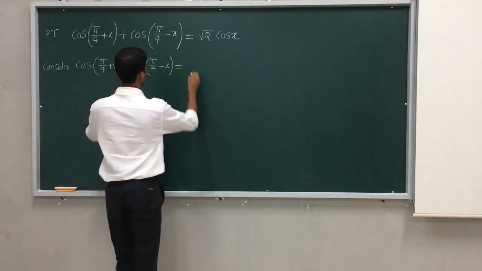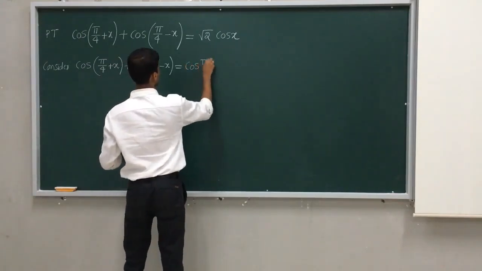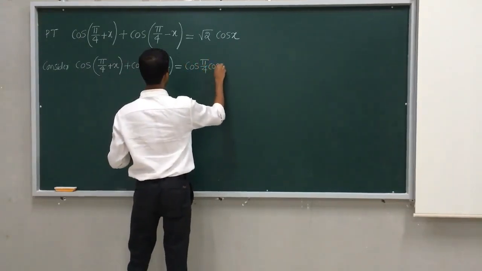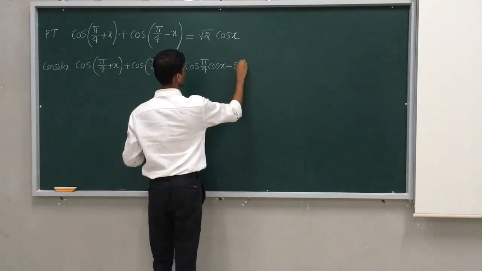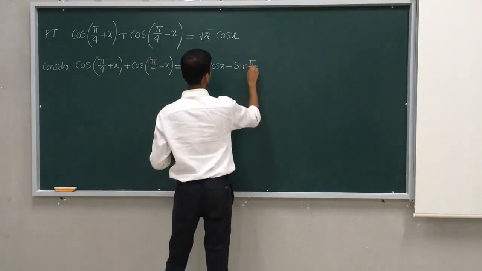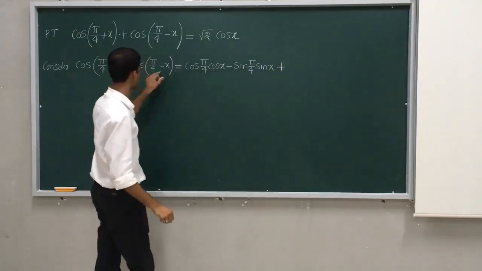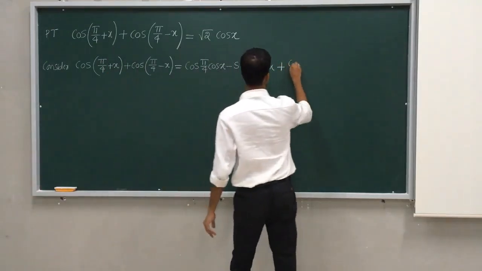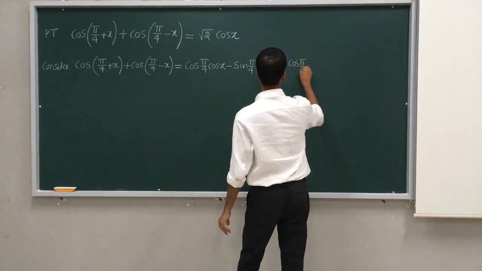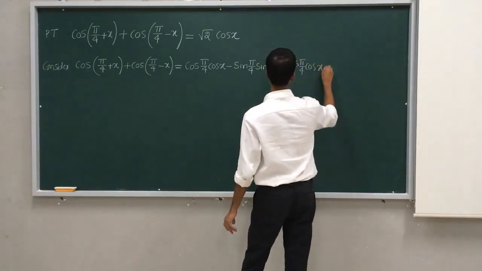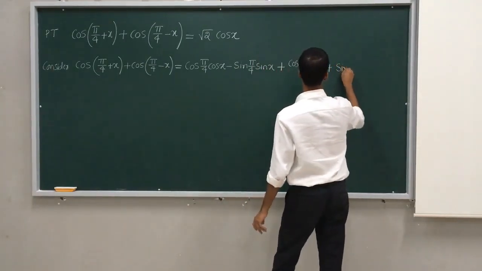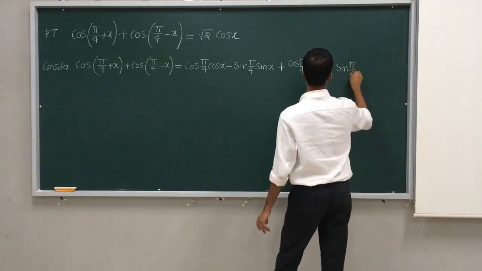If you use it, it becomes cos A cos B minus sin A sin B, plus use cos of A minus B, which is cos A cos B plus sin A sin B.